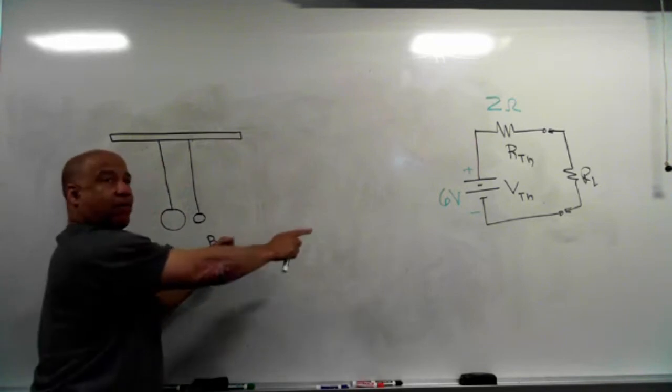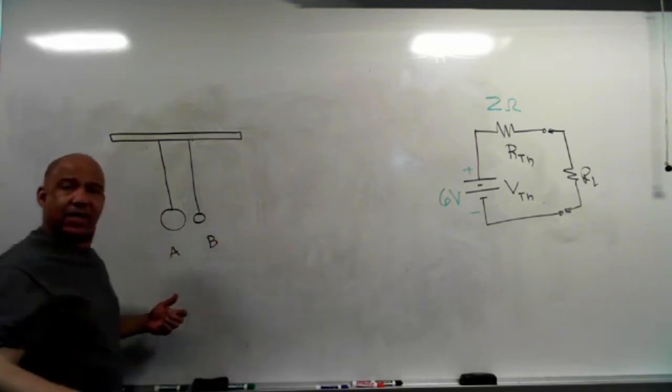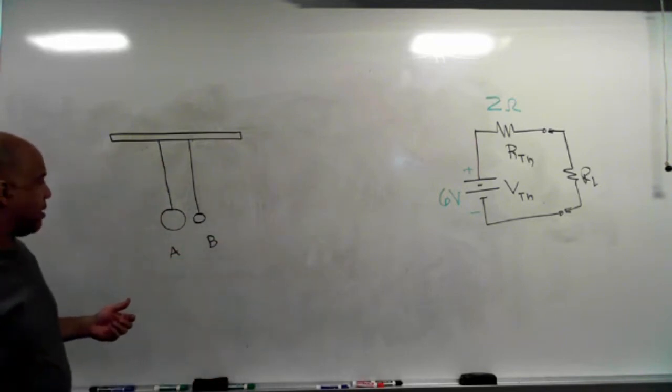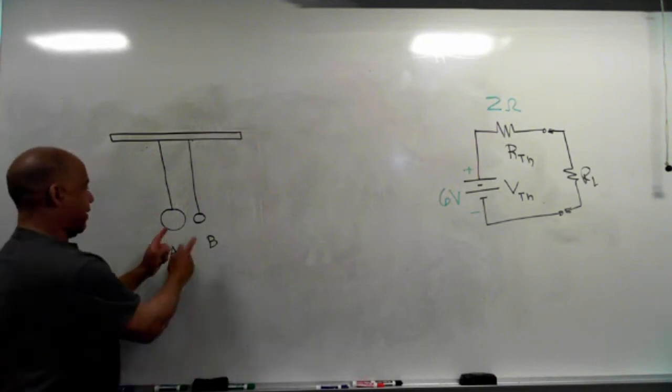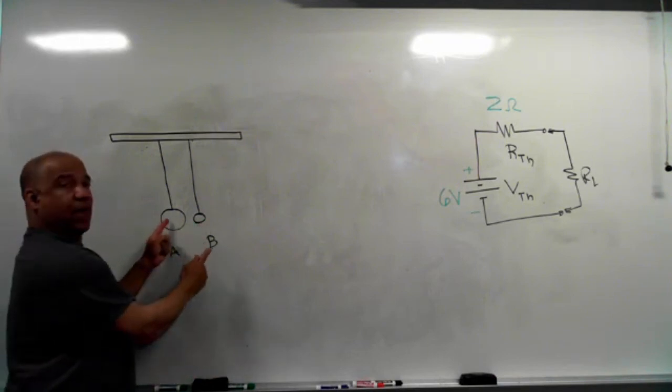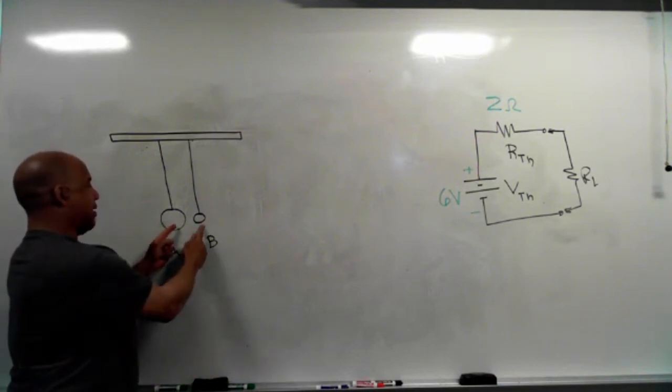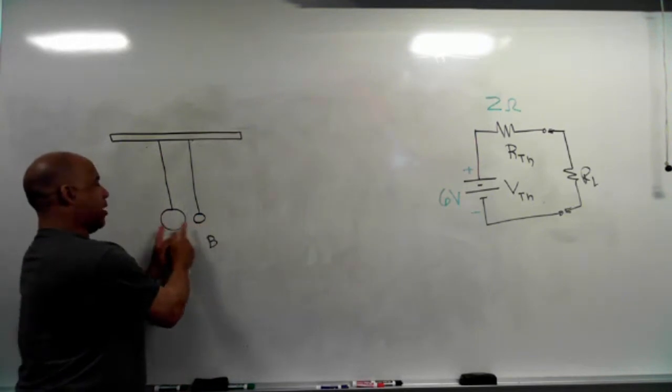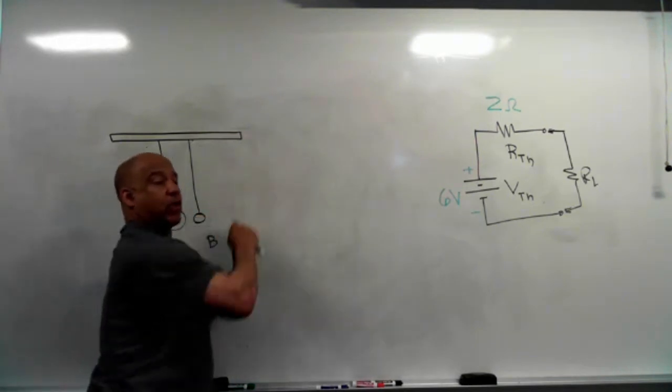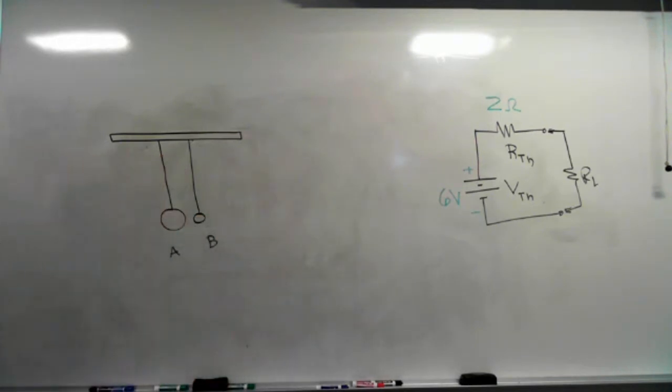And then they'll end up going back and forth. Does that make sense? At any rate, if this is, as you say, way more massive than ball B, when ball A strikes ball B, they're both going to continue going that way. Would you agree to that? Yes. Okay, so that won't work.